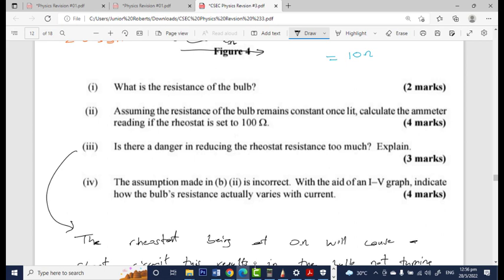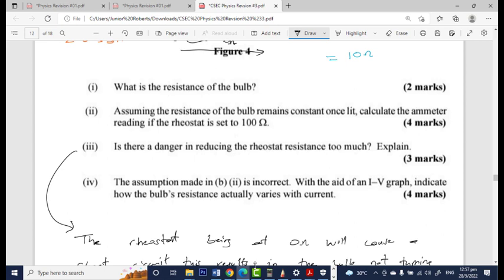But when you turn on a bulb, does the temperature remain constant? No, sir. Exactly, the temperature changes. So because the temperature changes, the resistance will also change.